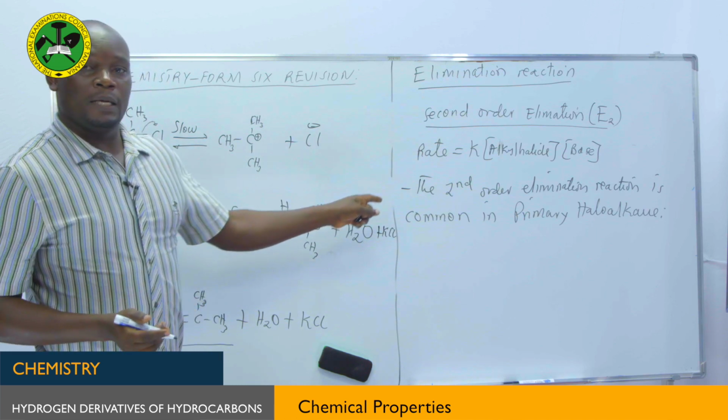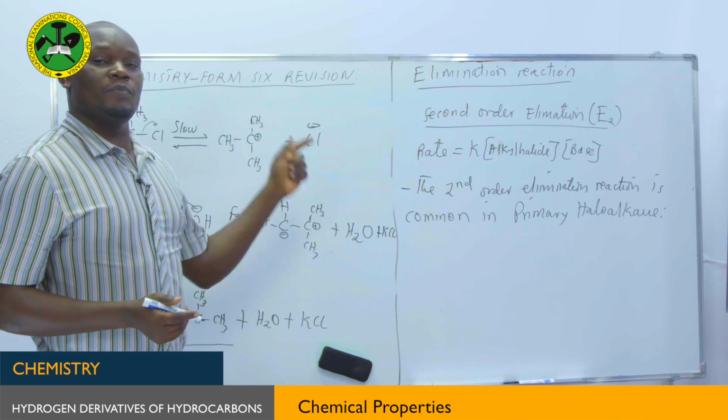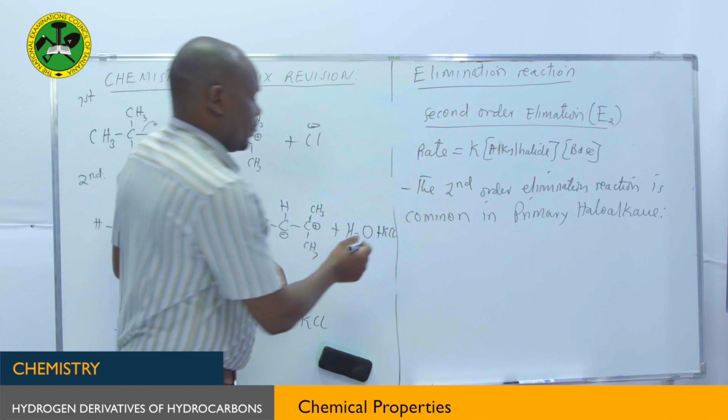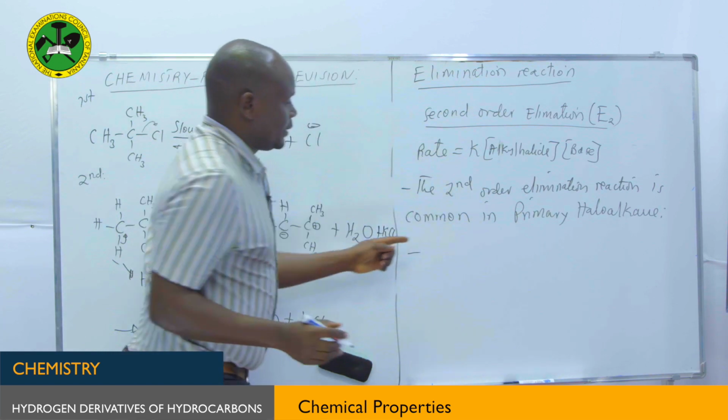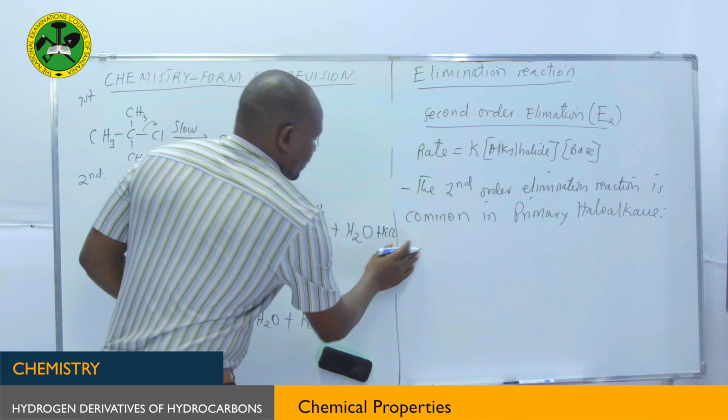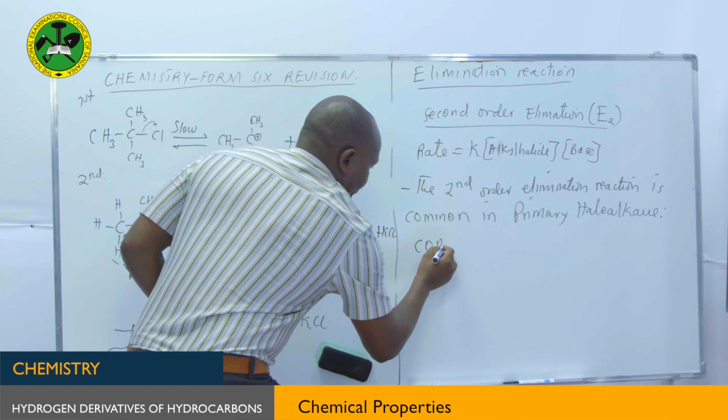Why? Because of the absence of the alkyl groups that are attached to our alpha carbon. And as we have said, the rate of reaction depends on the concentration of the 2 reactants. So let us consider now an example.